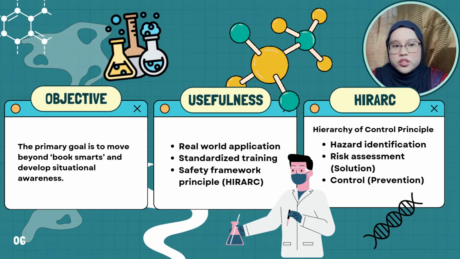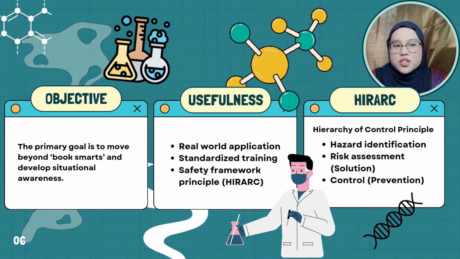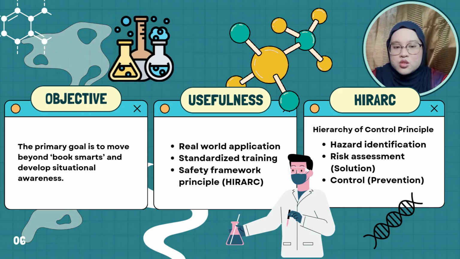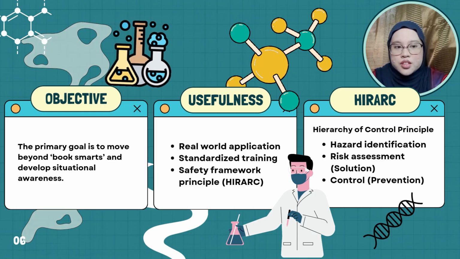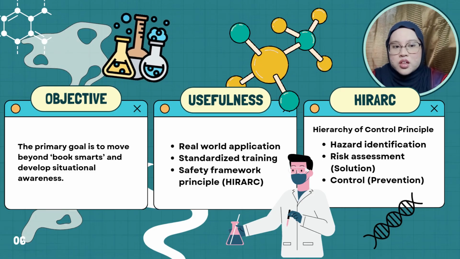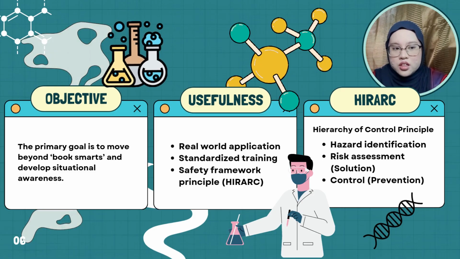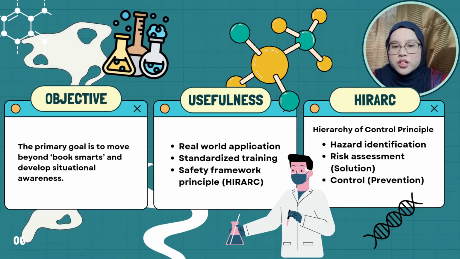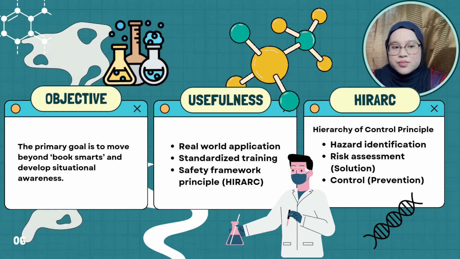The usefulness of this approach is measured by how it changes behavior in the lab, which is useful in real-world application. Also, it standardizes the training so that every student gets the exact same solution, ensuring no one gets different safety advice.